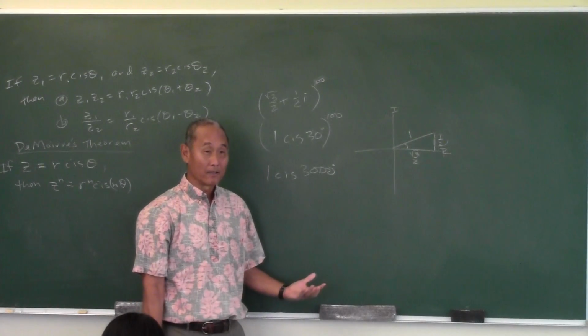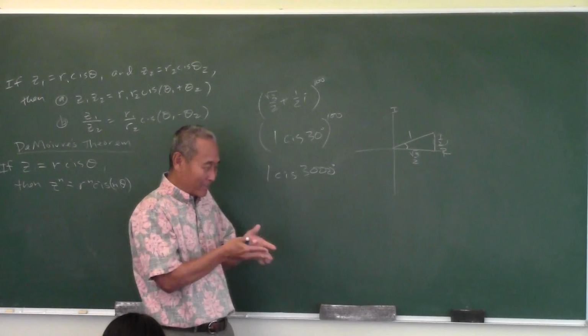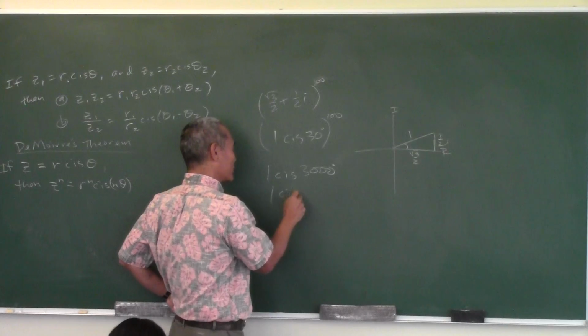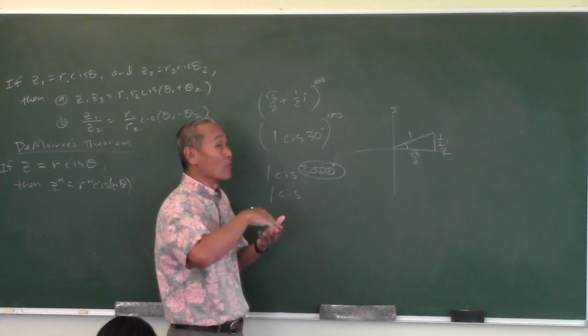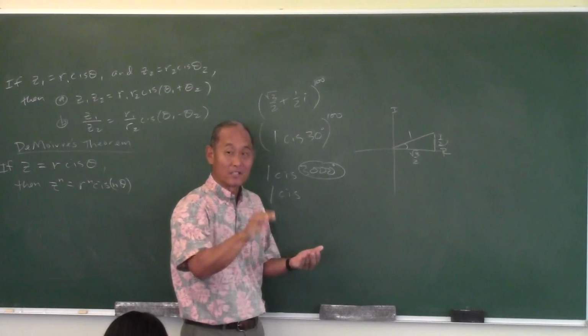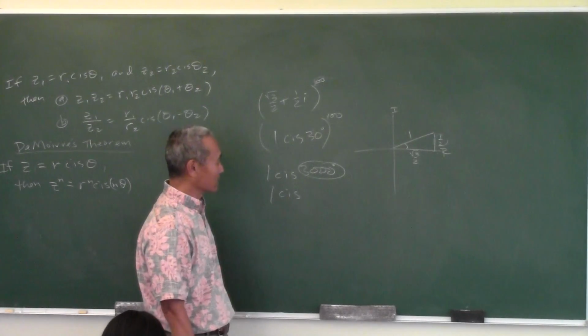Okay, but then, see, 3,000 degrees is too big. How do I get the angle smaller? Remember? When you work with trig functions, when you have a big angle bigger than 360, you keep subtracting multiples of 360, right? What would be a good multiple of 360 to subtract from that?